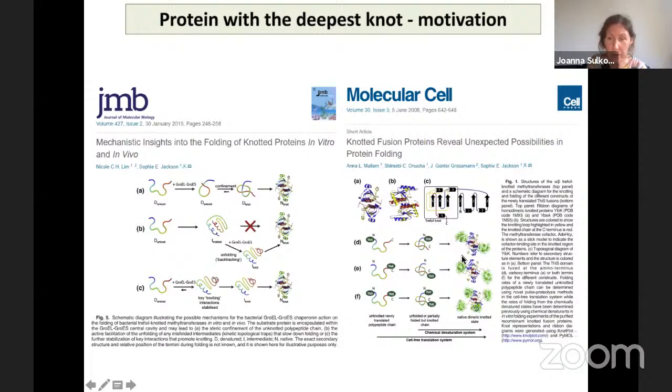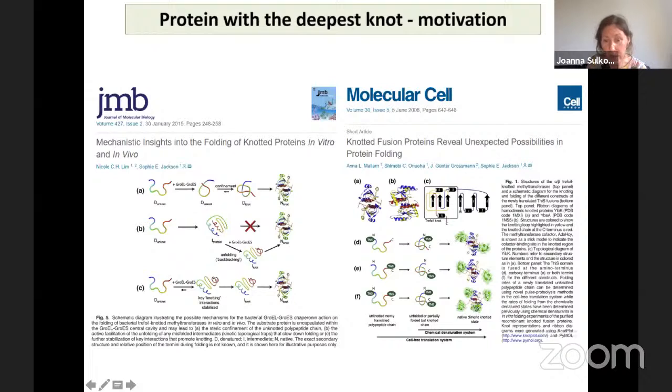However, there is a kind of problem with the interpretation of the experimental results, that you have to be sure that you really untie the protein, because based on all our knowledge up to now, if you unfold the knotted protein by huge temperature, by huge thermal fluctuation, you will unfold the protein, but the knot will still be embedded inside the chain.